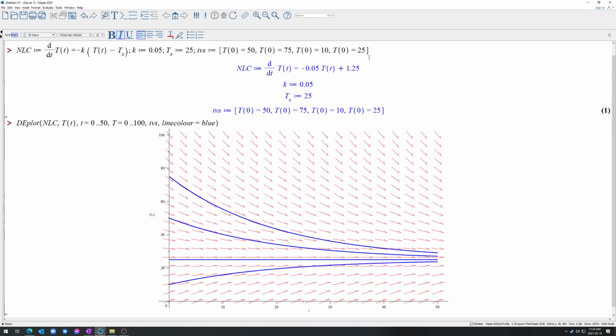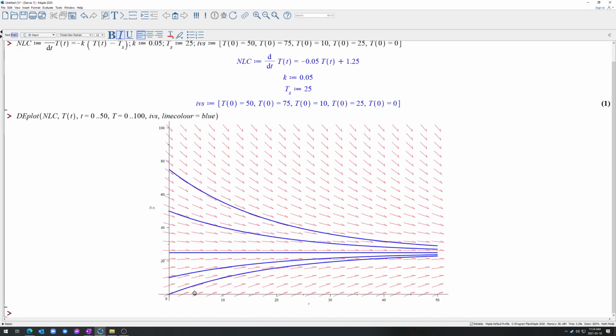Well, we could start off even with an initial temperature of 0, I suppose. But even starting at 0 is still going to be warming up. So it seems like we only have one equilibrium, and it is at 25, and that's simply because that is the temperature of the surroundings, and everything's approaching it, so we have a single stable equilibrium in this case.